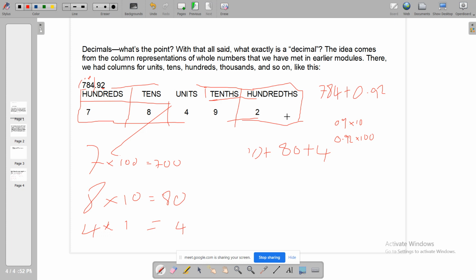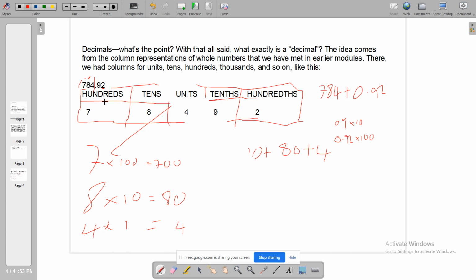I just want you to know the position that I'm talking about. The way we deal with the whole number is the same thing for the decimal.